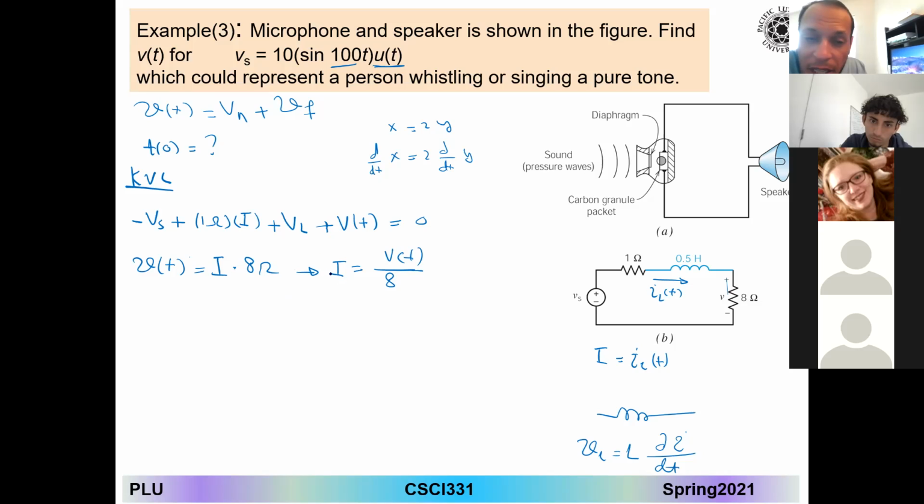If I make a derivative, I can claim di by dt equals 1/8, because it's constant, times d by dt of v of t.